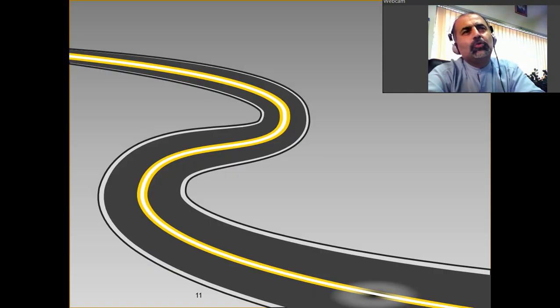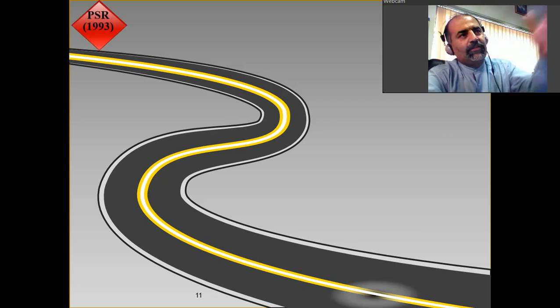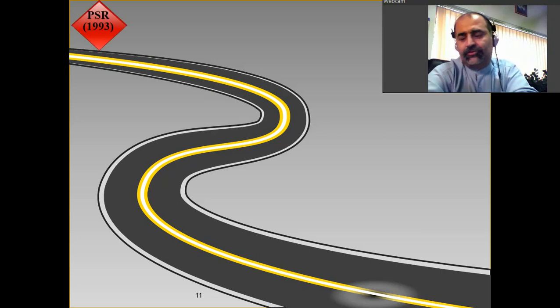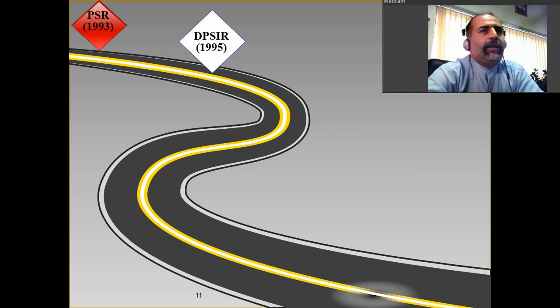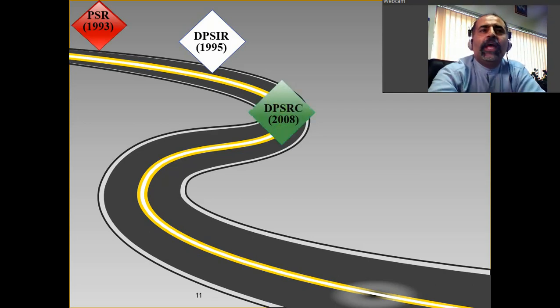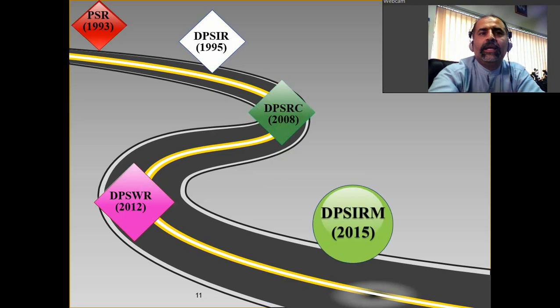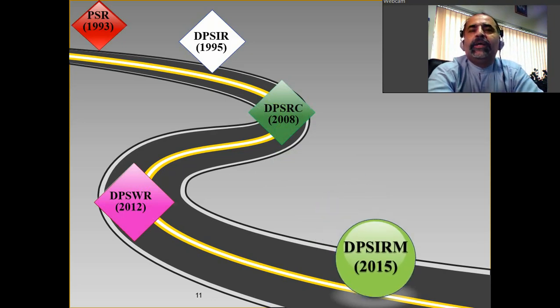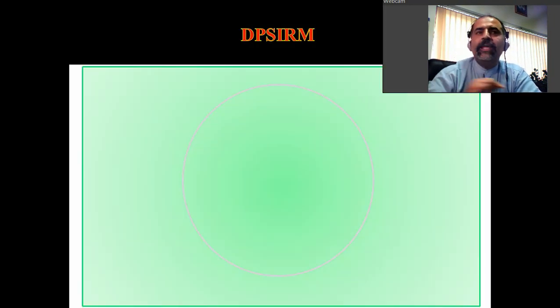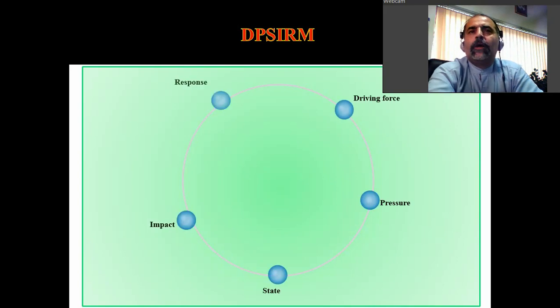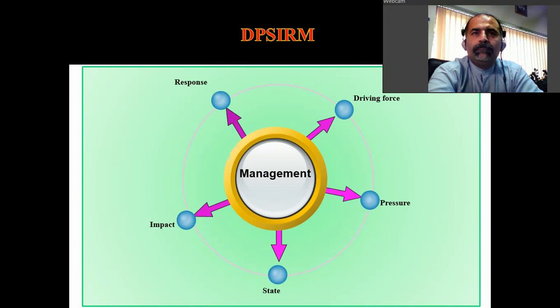And here, see the root of evolution: it was started by PSR in 1993, and then promoted to DPSIR in 1995, and then DPSRC in 2008, and DPSWR in 2012, and finally it reached DPSIRM in 2015. See here, what is DPSIRM? It is one of the most complete forms of the PSR framework.